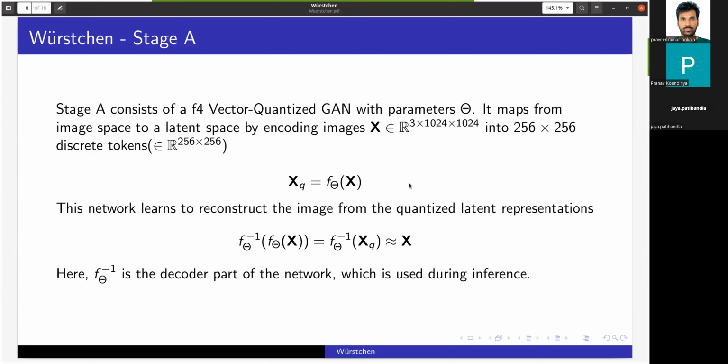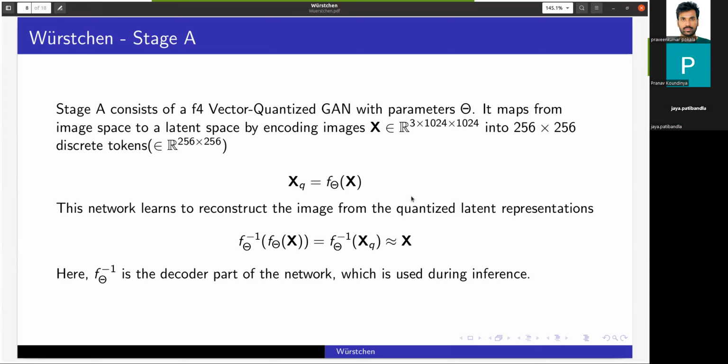Since this is an encoder decoder architecture, this model first encodes the image onto a latent dimension, and then finally decodes it back to the image space. And when it is projected into the latent space, it learns to quantize it.